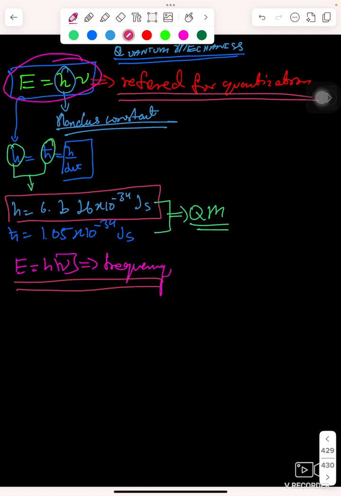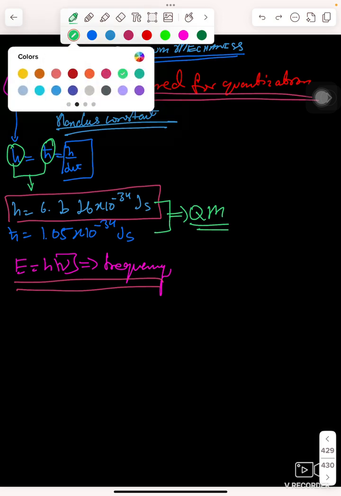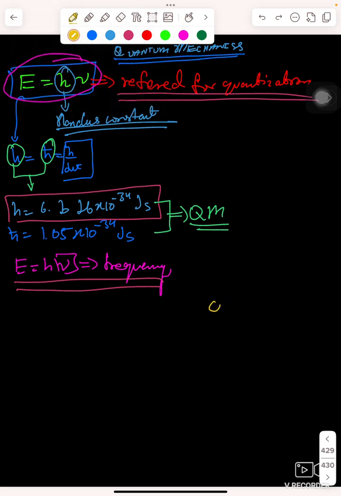Let me explain what this equation actually is. This equation gives the energy, particularly for light. So it shows a photon, say I choose blue or yellow.